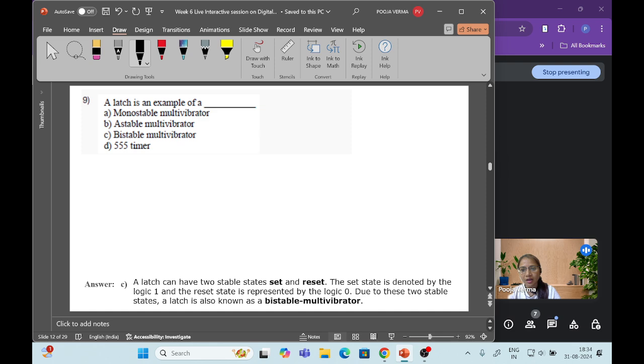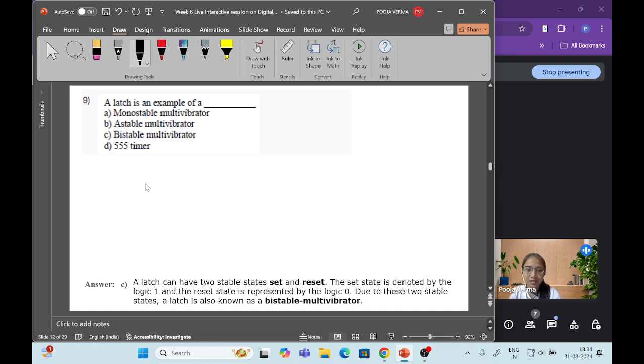So next one: a latch is an example of option A monostable multivibrator, option B astable multivibrator, option C bistable multivibrator, option D 555 timer. So already we know that a latch is an example of bistable multivibrator because it has two stable states, set and reset.